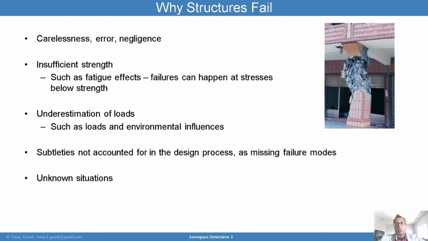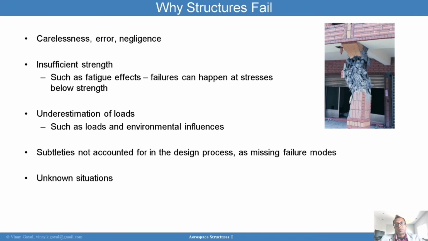And it's important to minimize these errors because they can cost people's lives. And they can also cause a significant amount of schedule delays and potential hits on the profits. So it's important to pay attention to the details when it comes to the design of aerospace structures.